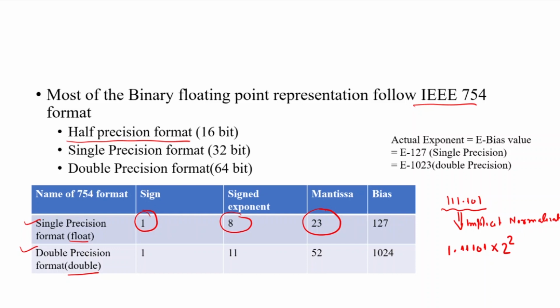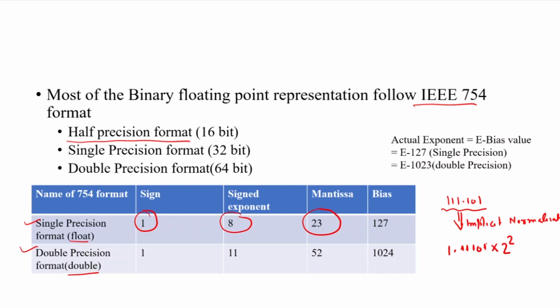When we represent in single precision or double precision, we use the concept of bias. The actual exponent is 2, but the biased exponent is obtained by simply adding 127 plus 2.